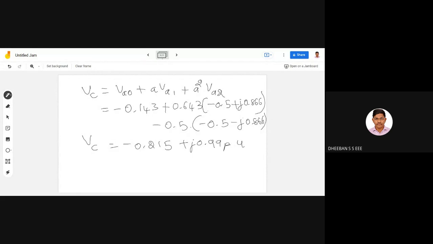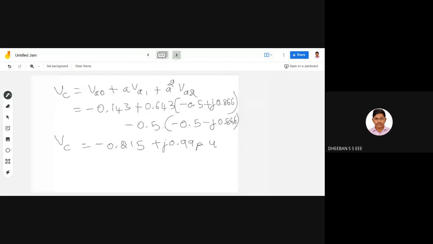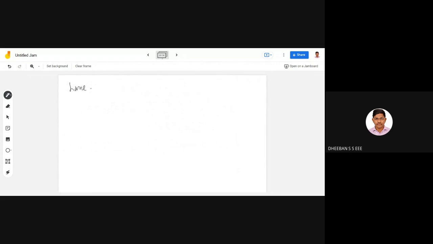So now we have got only your phase voltages. Okay, we have got VA, VB, and VC. But the question asks to find your line-to-line voltage. So it's a very simple task. You have to subtract your phase voltages. So for the line-to-line voltage, first one will be VAB, which is VA minus VB.